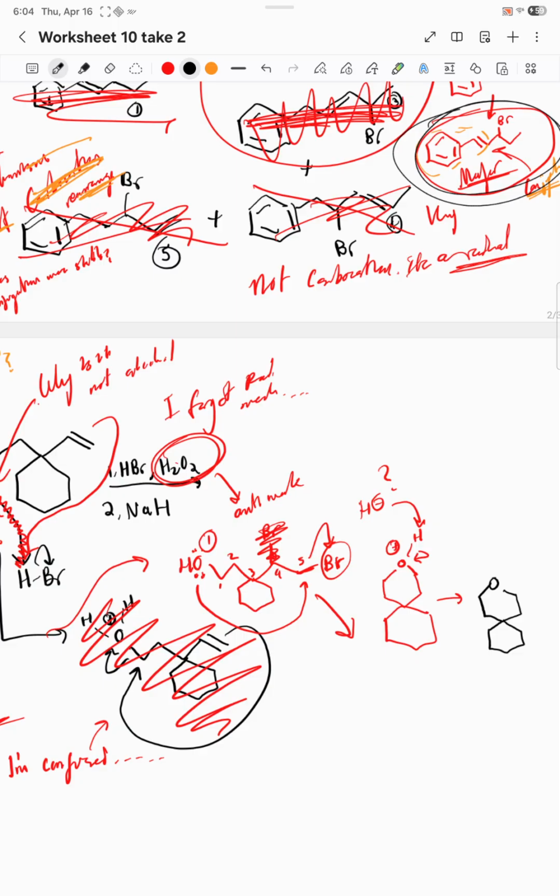Right. Yeah, seems like we used this H. Seems we used hydride to maybe deprotonate the proton. Interesting.